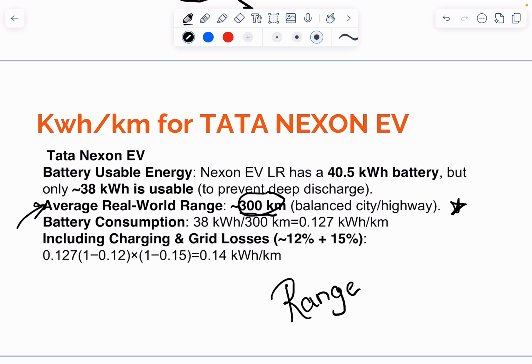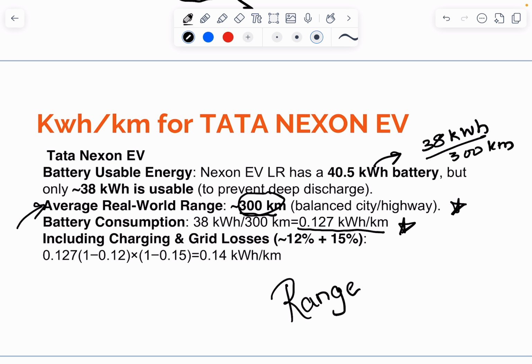our energy consumption per kilometer would be this. How do I get this? I had assumed that of this 40.5 kWh battery, we can use about 38 kWh, and this 38 kWh would give me a travel of 300 kilometers.